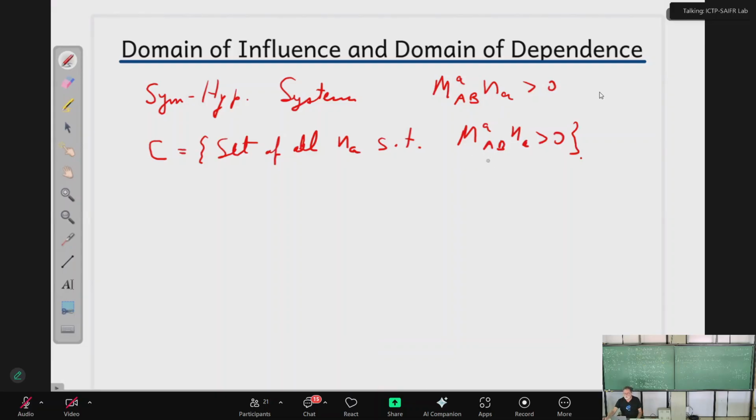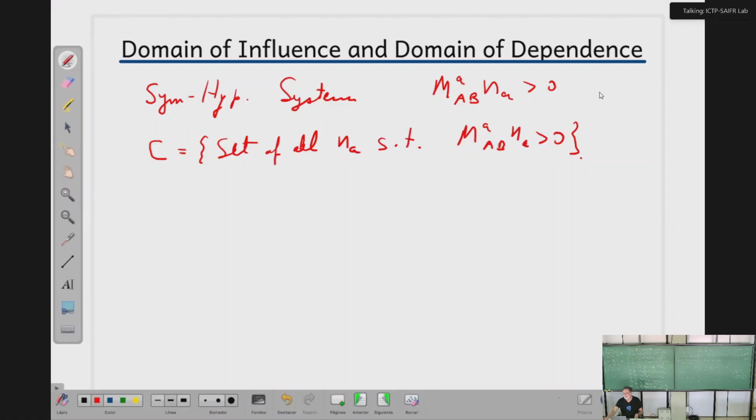And this stops being positive when it hits a point where this thing has a kernel. So there is a vector here such that when you contract, this is 0. So that's a point of, it's a characteristic. It's a characteristic of the reduced system.